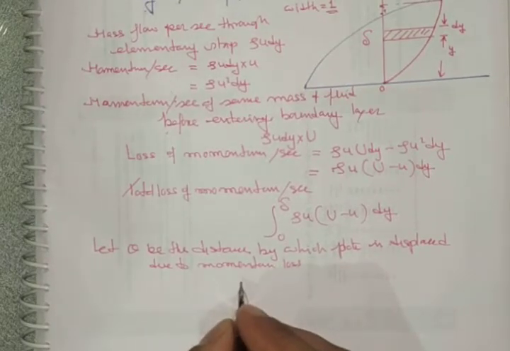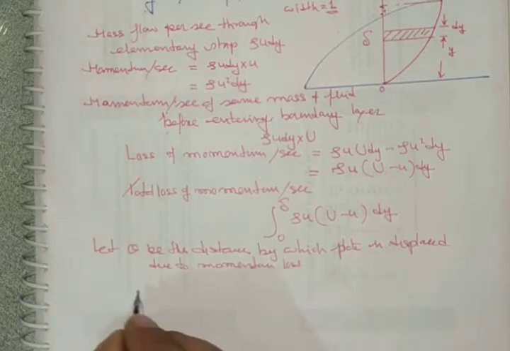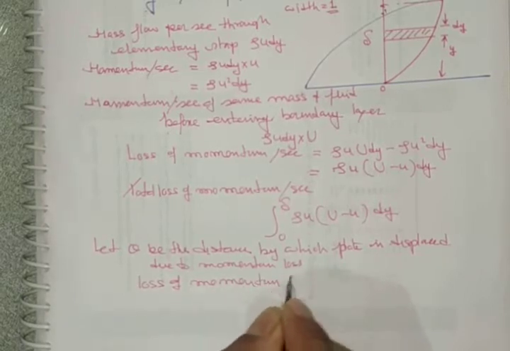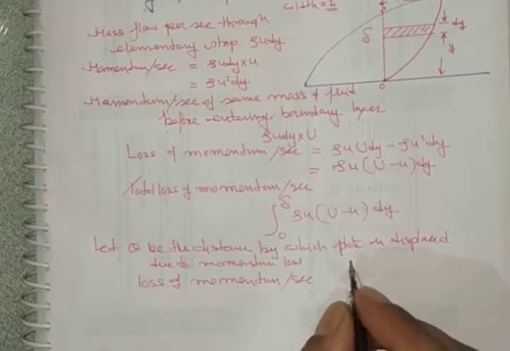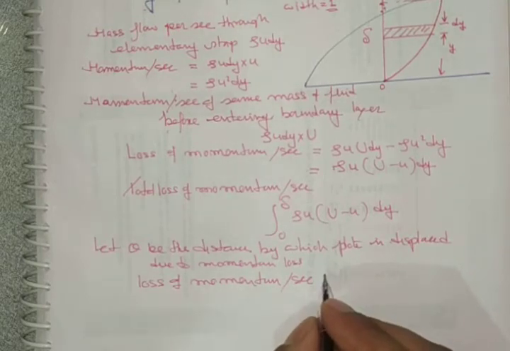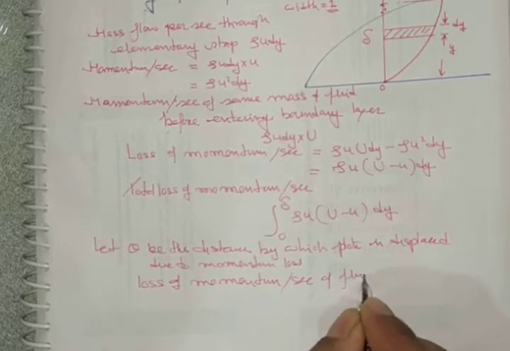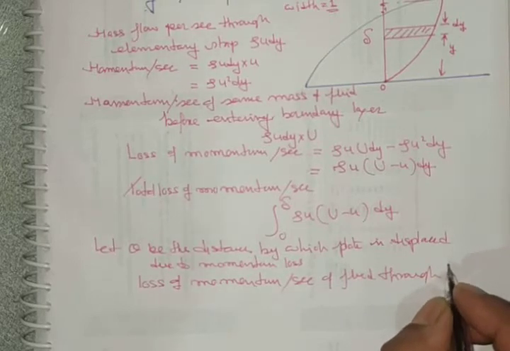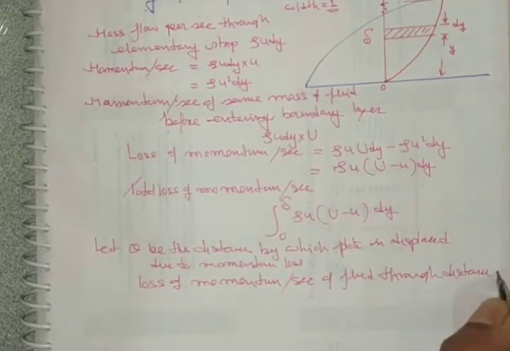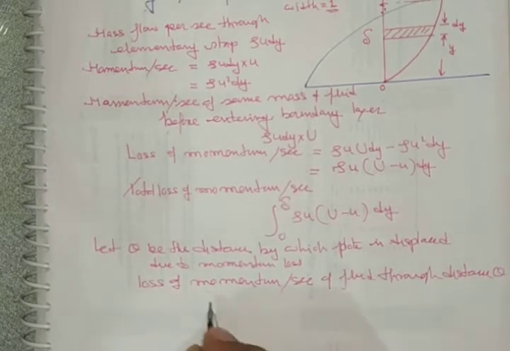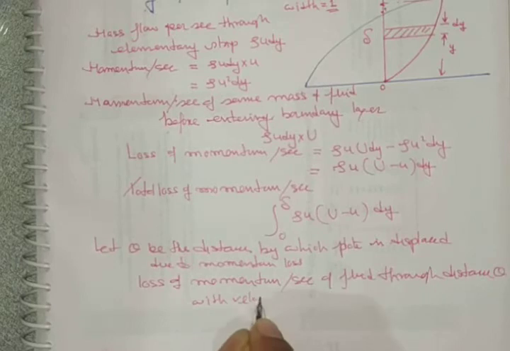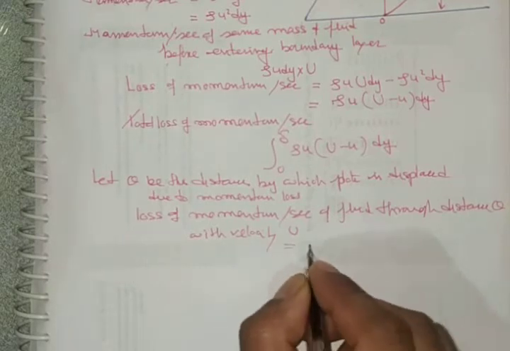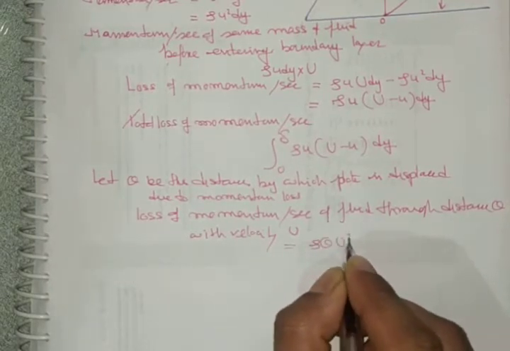So then loss of momentum per second of a fluid through the distance theta with a velocity, that is the mainstream velocity capital U, is given by rho theta capital U square.